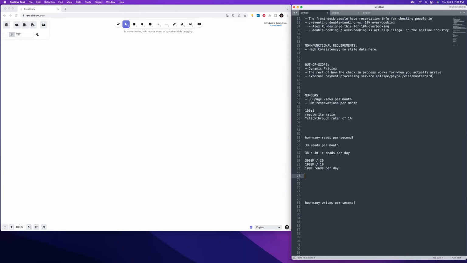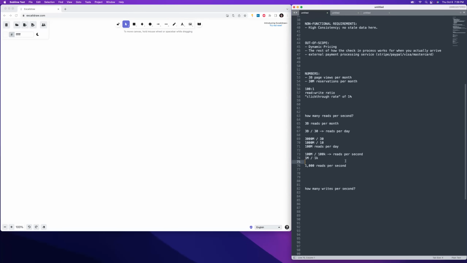Well, we want how many per second, so we're going to do 100 million divided by 100,000. That's the number of seconds in a day. That will get us the reads per second. So that is equal to 1 million divided by 1K. So that comes out to 1,000 reads per second, which is a pretty fair volume.